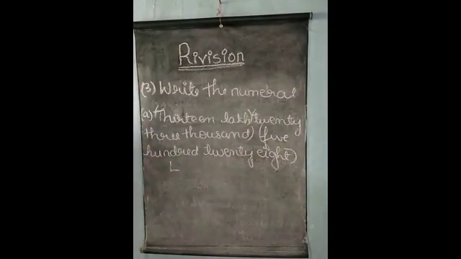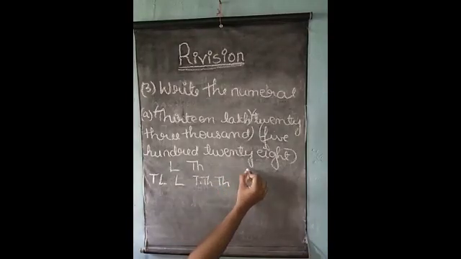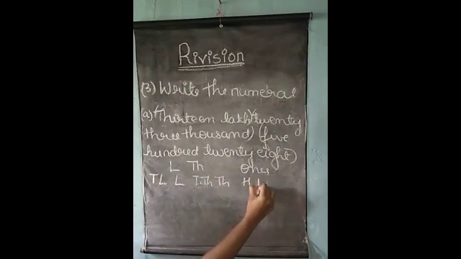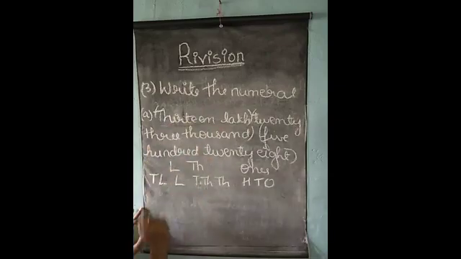So the lakhs period consists of 10 lakh and lakh. Then the 1000 period consists of 10,000 and 1000. Then the ones period consists of 100, tens and ones. Here 13 lakh.